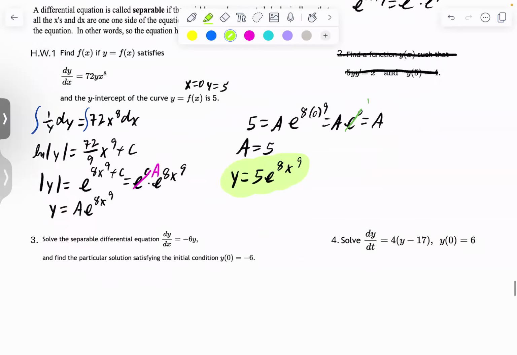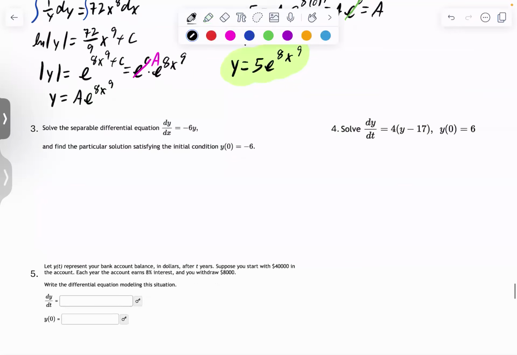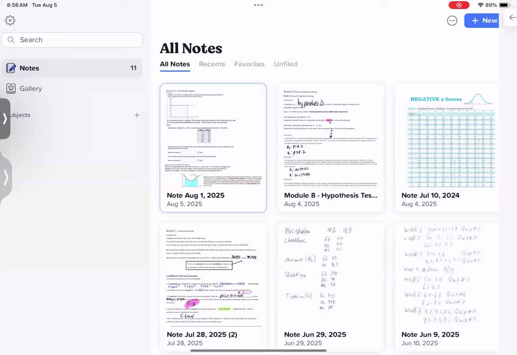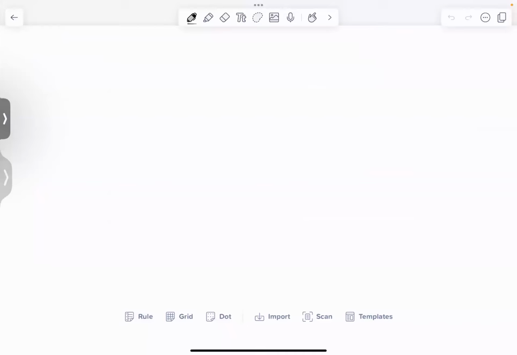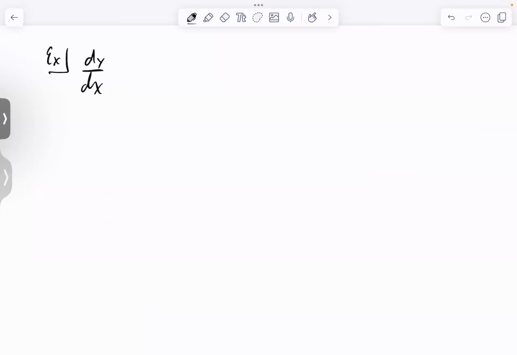All right, let's try a few more. I'm a little out of room, so I'm going to take number 3 and move it to a blank sheet. And so we are going to have dy/dx equals negative 6y. And we have an initial condition.